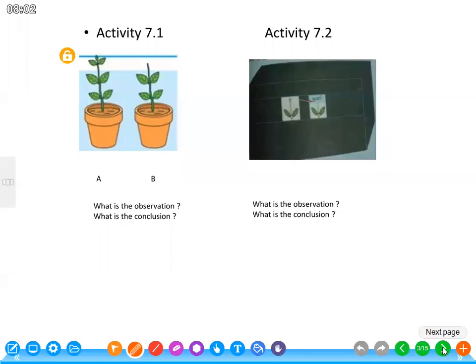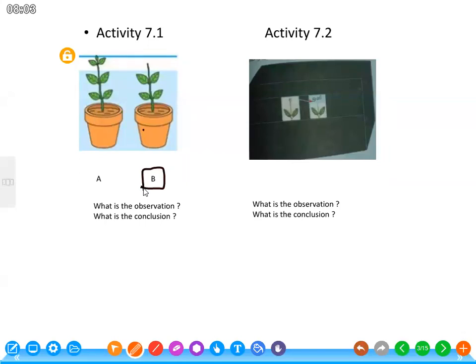Here you observe these two activities. In activity 7.1, take 2 pots of plants. The apex of one plant is removed. That is plant B. Then you measure the height of both plants in the same environmental conditions.